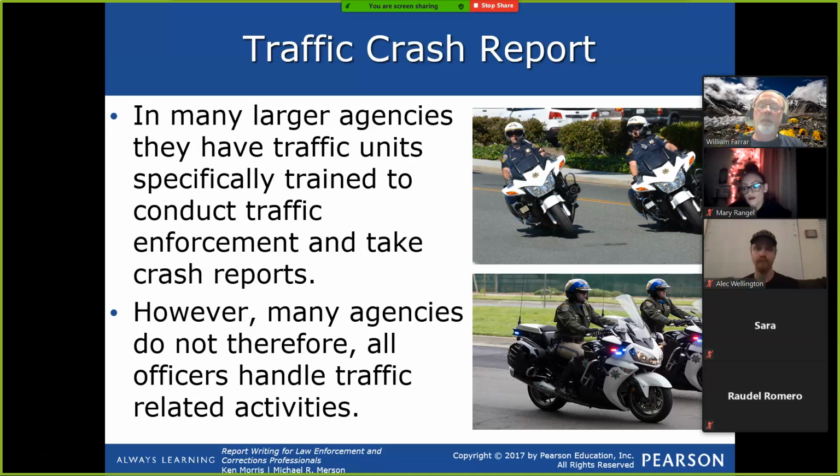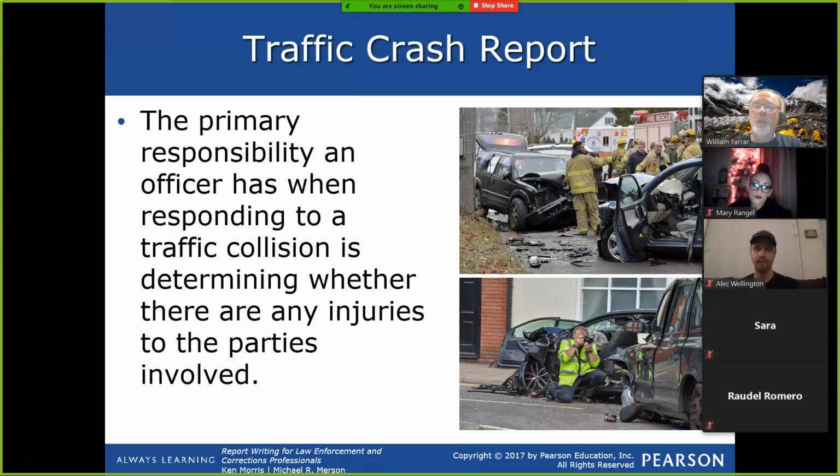But you'll see a lot of these larger departments have pretty good size traffic divisions that have a lot of motor officers assigned. Just because your agency might have a traffic division doesn't mean that you don't work traffic or you don't stop people or you don't take crash reports. But in these larger agencies, a lot of the crash reports are handled by the traffic division. So that's kind of a good thing, especially if you don't like working traffic.